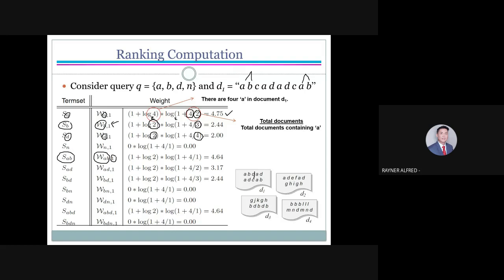So once you have counted them in one term set, we cannot use them again. That's why we only have 2 of them here. How many documents contain AB? Only 1. So that's why we have 1 here.